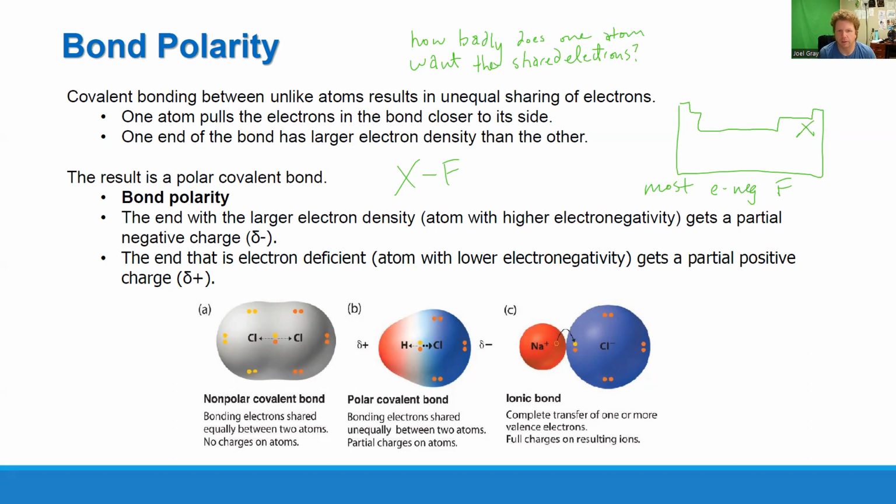A polar covalent bond is where one element, chlorine and H over here, chlorine's pulling as much as it can, and hydrogen's basically saying, you're pulling stronger than me, but I'm putting in an effort. I haven't given up in this game of tug of war, but you're winning.